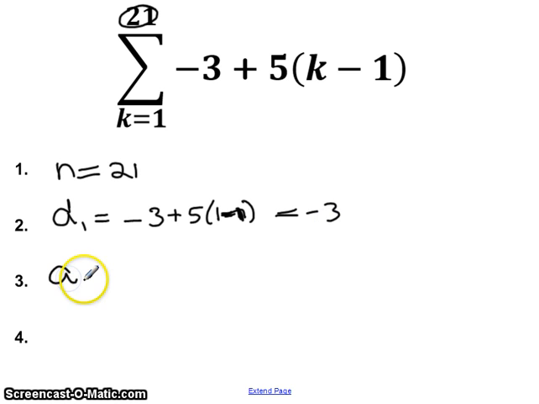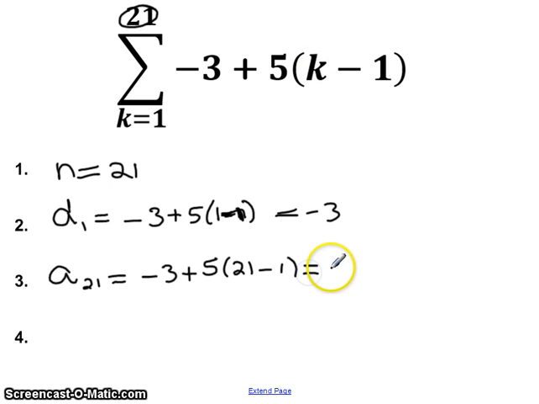We need a sub 21. That's going to be negative 3 plus 5 times 21 minus 1 when I plug in k equals 21. That's equal to negative 3 plus 5 times 20. 20 times 5 is 100, minus 3 is 97.